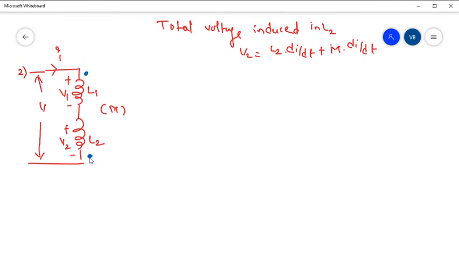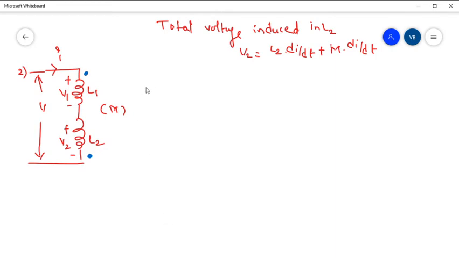Here you observe in the first coil, before entering into the coil, the current will meet a dot, but in the second coil it will not meet the dot. In the second coil, first the current enters the coil and after that it meets the dot. So here we should take the mutual inductance value as negative.